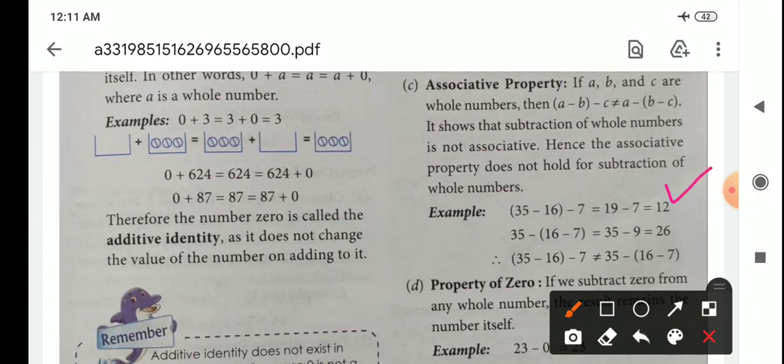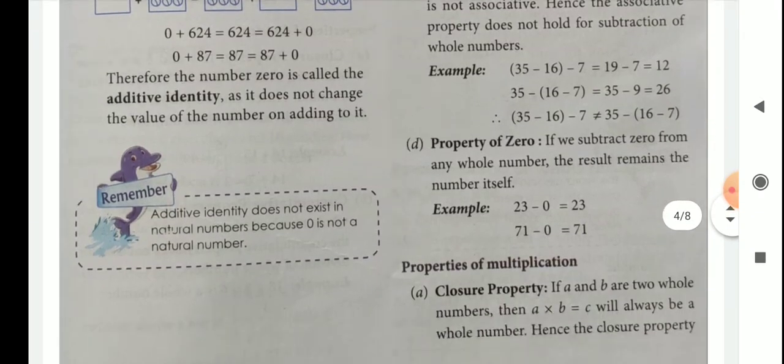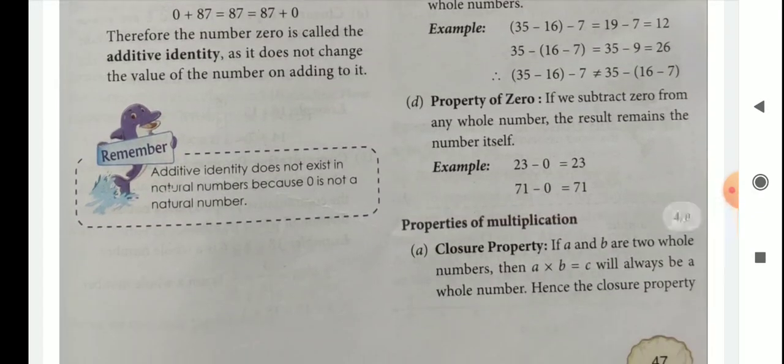If we change the bracket, 35 minus (16 minus 7), the answer also changes. So here in subtraction, the associative property does not exist. Then property of 0. If we subtract 0 from any whole number, the result remains the number itself.